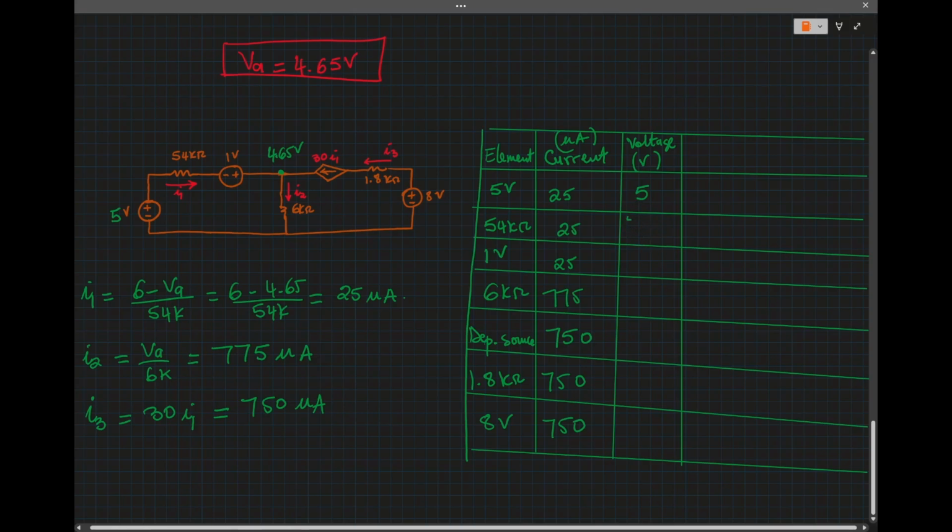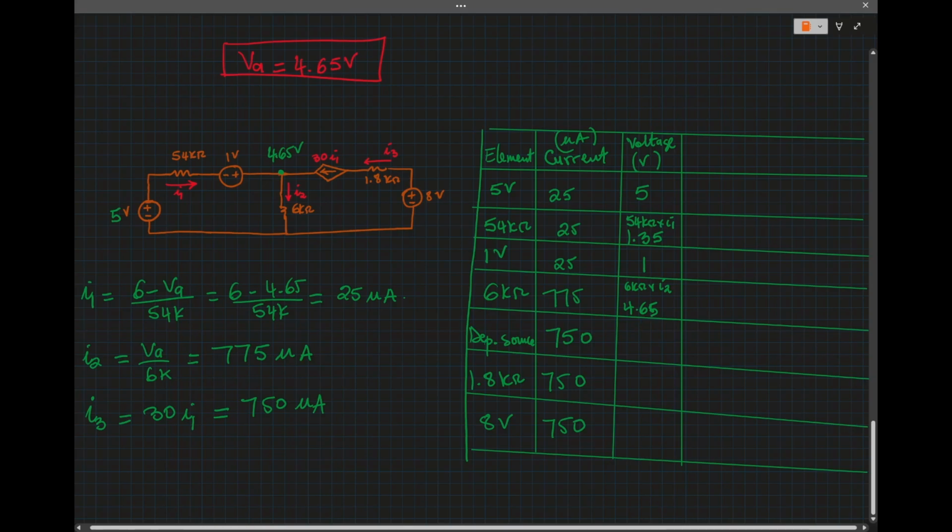Right, so 54K times I1, that gives me 1.35 volt. Okay, so the voltage source is 1 volt, and the 6K, so it's 6 kilo ohm times I2, so that gives me 4.65 volt.